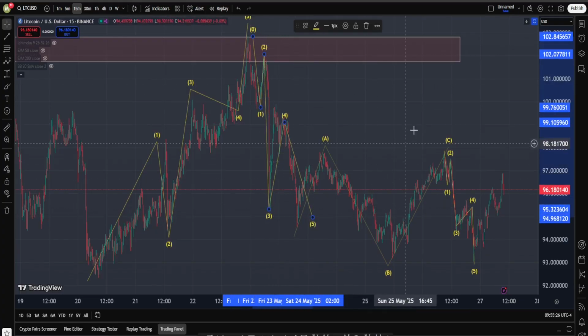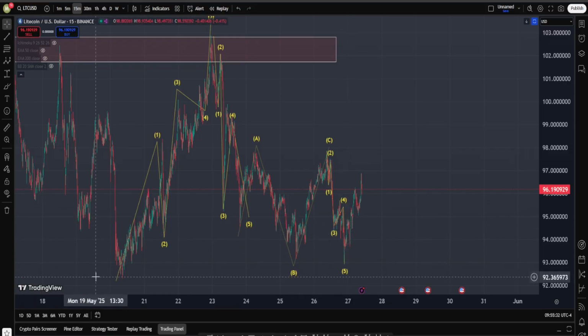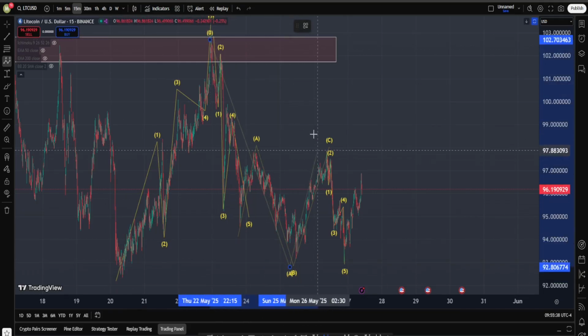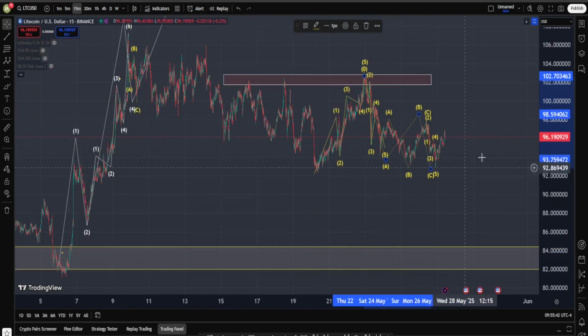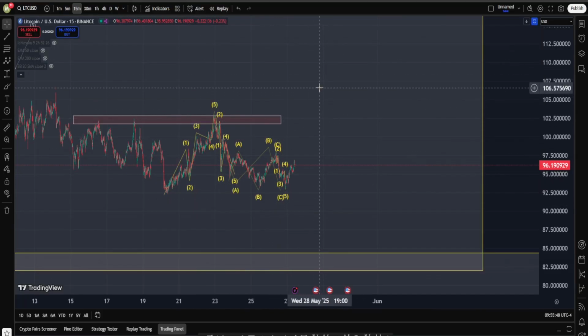This is another 5-wave impulsive structure down, and on a higher degree, since in the recent move down we haven't taken the lowest low down here about $92.50, we can argue maybe these are the subwaves for an A B C zigzag. And well, what are we having according to the bullish count? 5-wave up followed by a correction down, which means our uptrend is going to continue, hopefully from the current point.